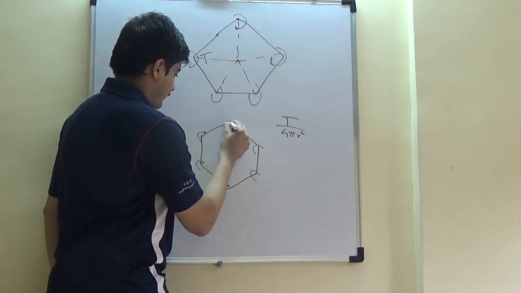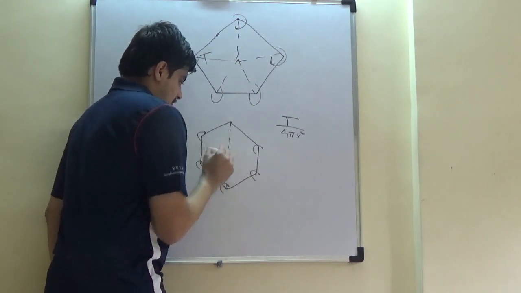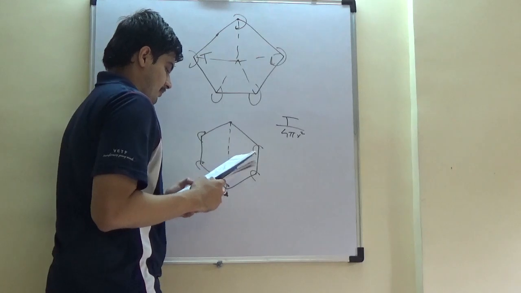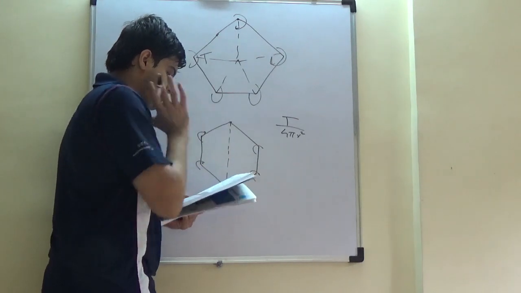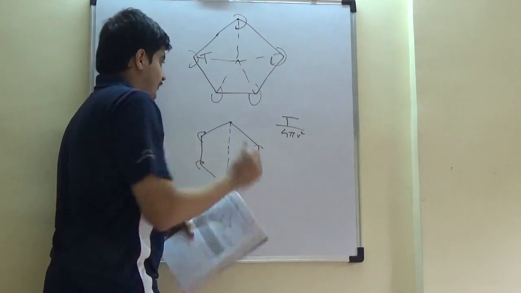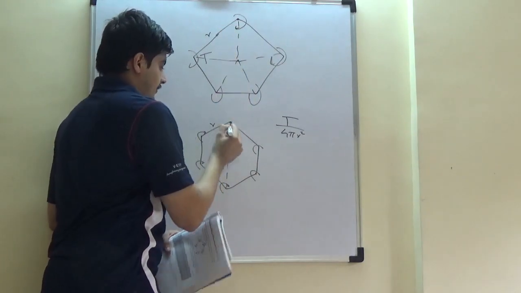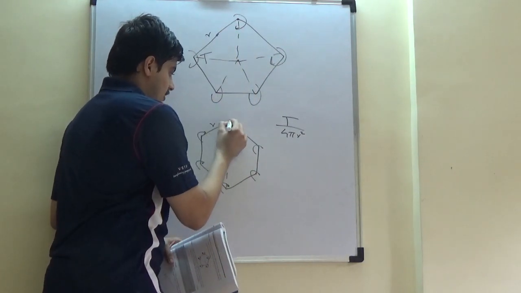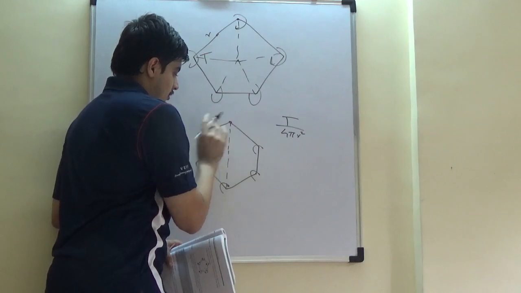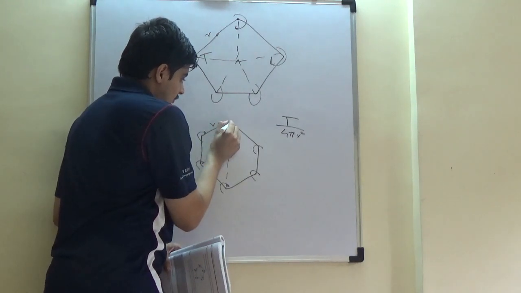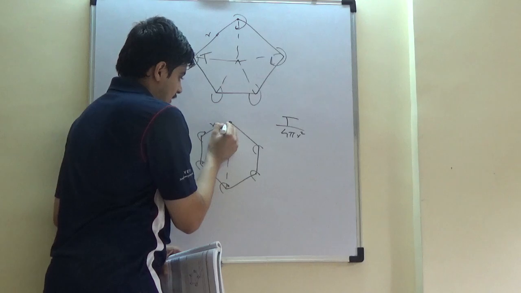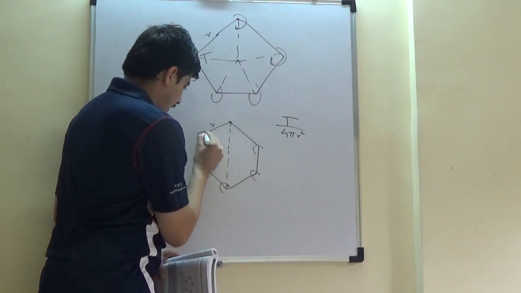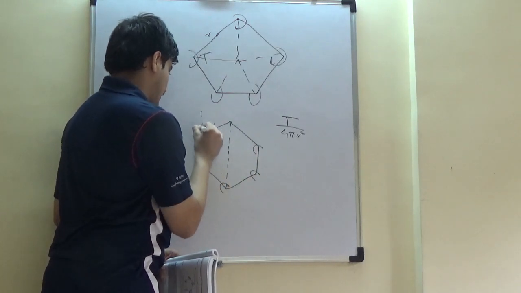Now, this is the side r, right? This is going to produce a circulation. So this is a tangent to this. What is the angle that this makes?